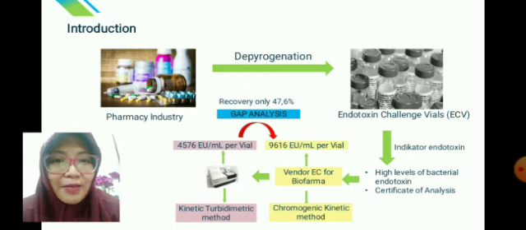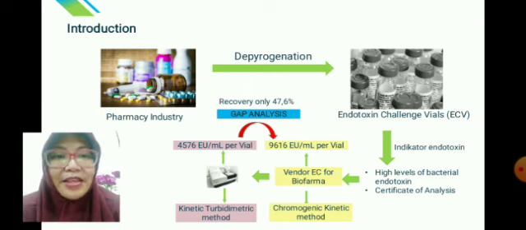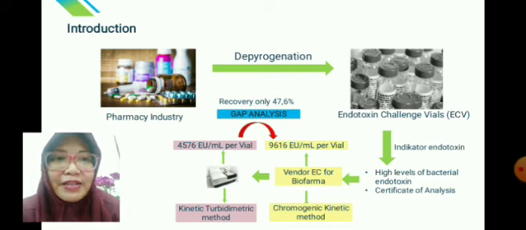But the user, using the kinetic turbidimetric method, found only 4576 EU per ml. This has become our gap analysis in this study, because the recovery of endotoxin concentration was very low, only 47.6%.